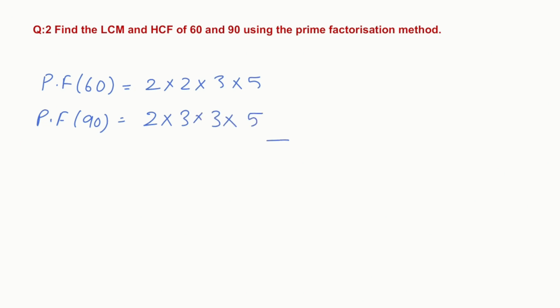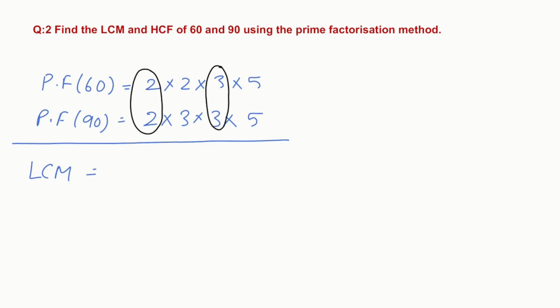Now find the LCM. What are the common pairs? One pair of 2 is common, one pair of 3 is common, and one pair of 5 is also common. So for the LCM, I'll write 2 times 3 times 5.